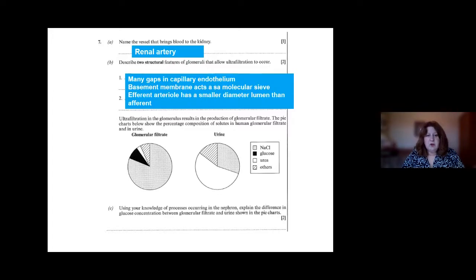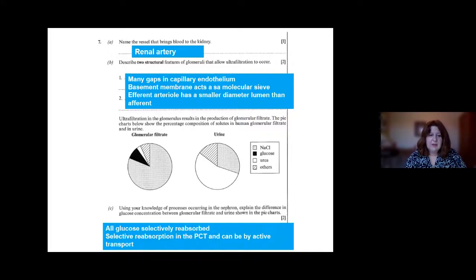Using your knowledge of processes occurring in the nephron, explain the differences in glucose concentration between glomerular filtrate and urine. Even though they give you more, they want to know about glucose. We can see glucose is present in the glomerular filtrate, but not the urine. So you need to supply enough information for 2 marks there. I'll just pause while you think about that.